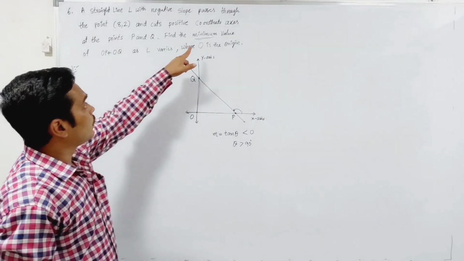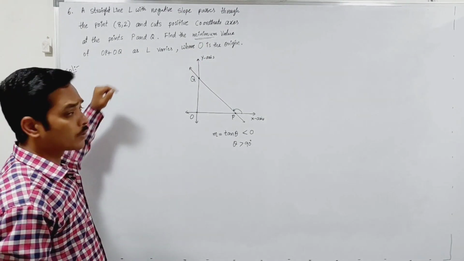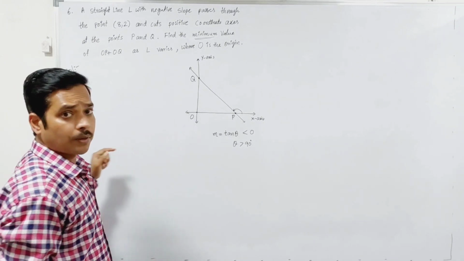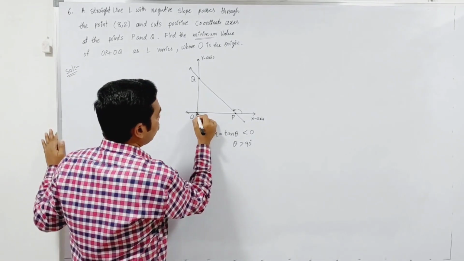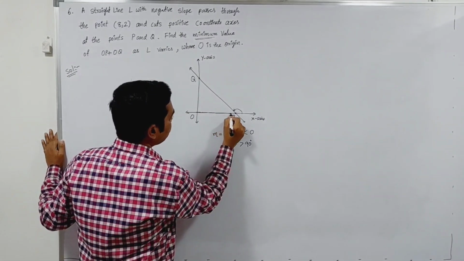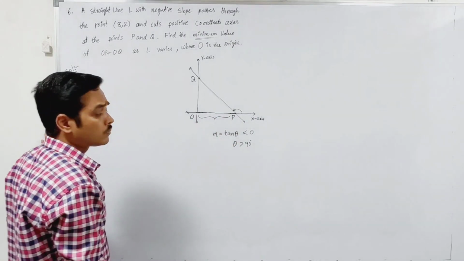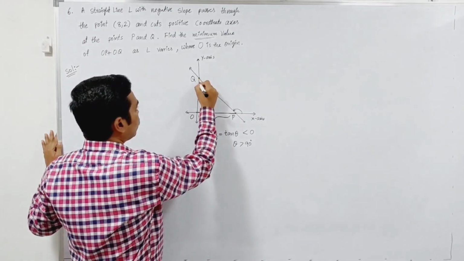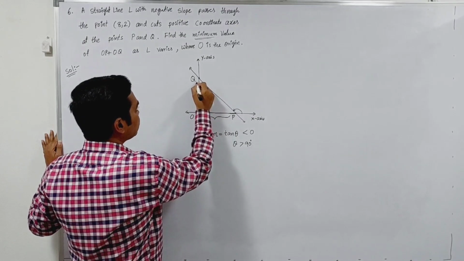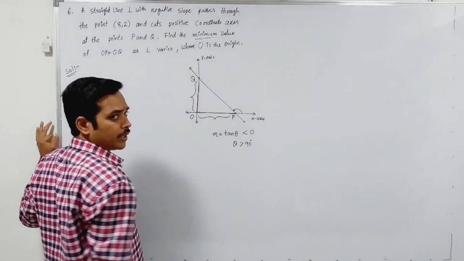You have to find the minimum value of OP plus OQ. What is OP from the diagram? OP is nothing but the x-intercept of line PQ. OQ is nothing but the y-intercept of line PQ.